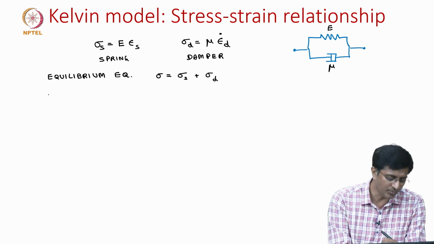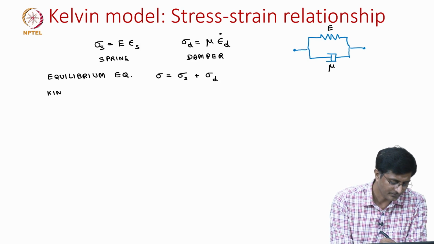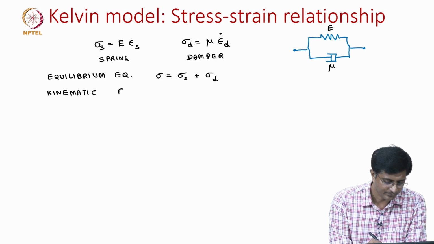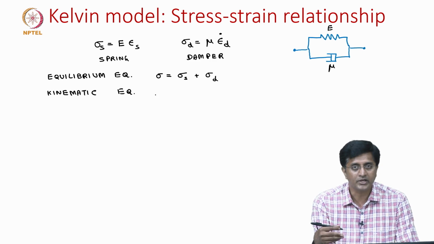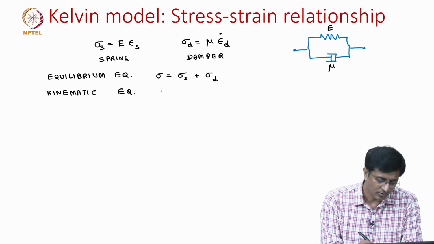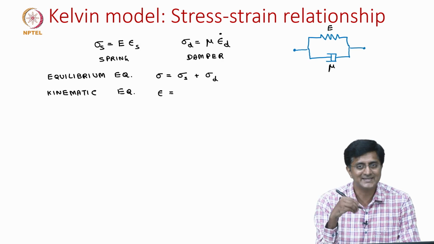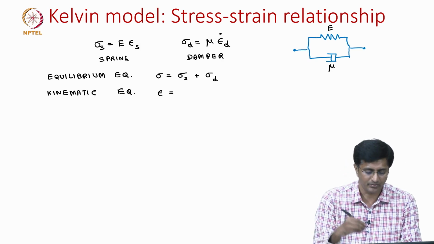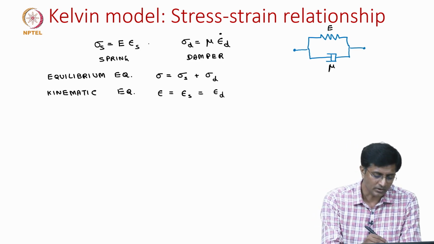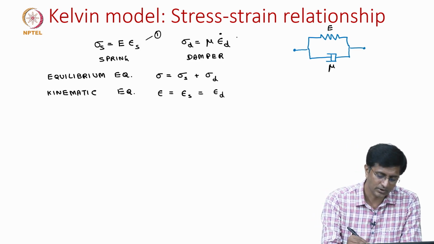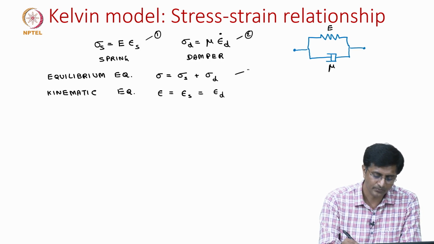Now, coming to the kinematic equation. Since both are in parallel, the overall strain is the same in the spring as well as the damper. So, epsilon is equal to epsilon s is equal to epsilon d. Again, let us name these as equations 1, 2, 3 and 4.